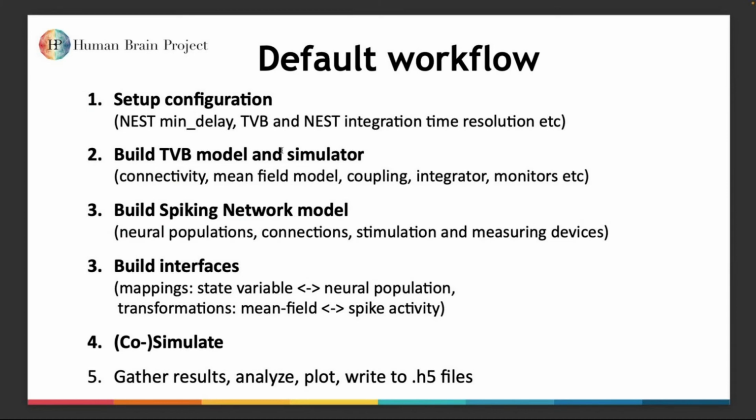Then we first build the TVB model and simulator in the usual way you might have already seen in previous courses, and I'm going to show you soon. And then we build the spiking network model. Then we create the interfaces between them. And finally, we simulate, and then there are also some tools to gather the results, write them to files, analyze, plot, or you can, of course, use your own code for that.